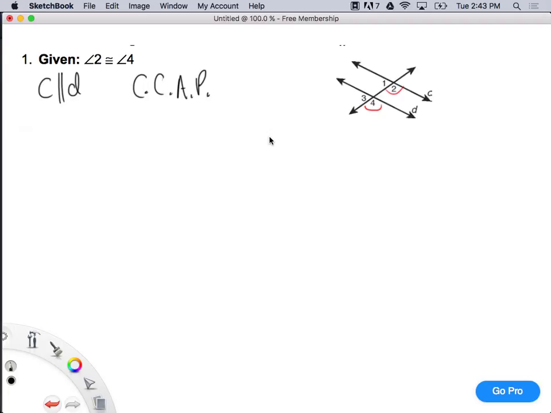If you want to abbreviate it when you're doing things like this, that's fine with me, but make sure you write the right abbreviation. You don't have to write it out every time. Converse of the corresponding angles postulate. That's it. I'm done. That was the question.